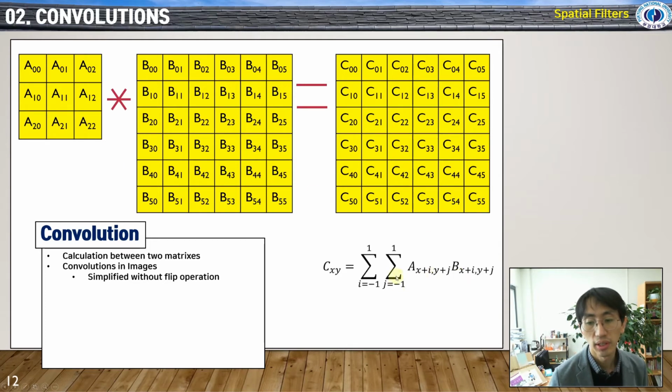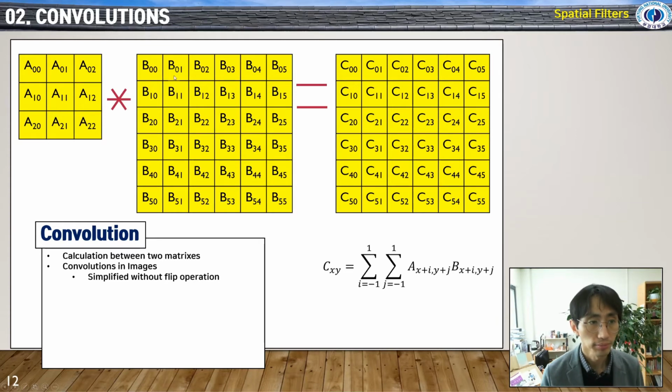Before calculating the multiplication between two matrices, the original convolution operation has a flip of one of the matrices. So here you flip the filter matrix, then you multiply element-wise.